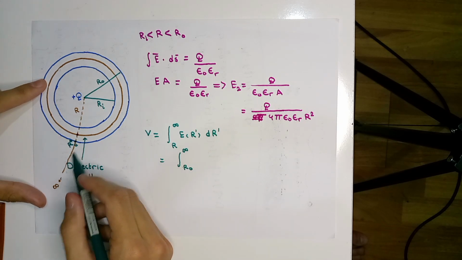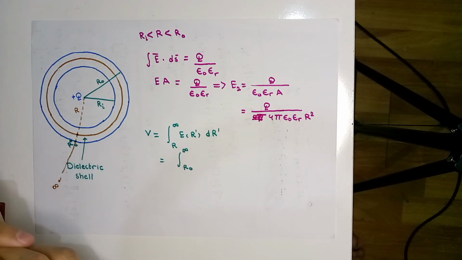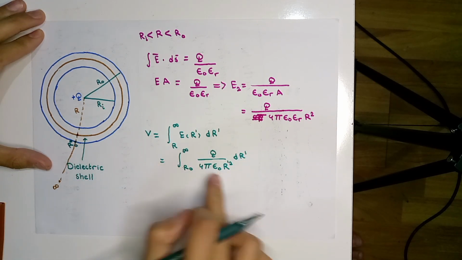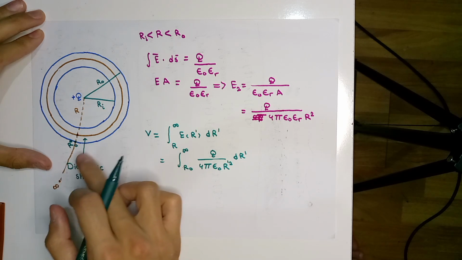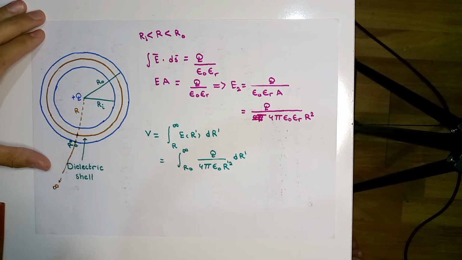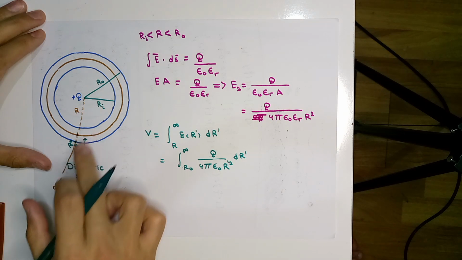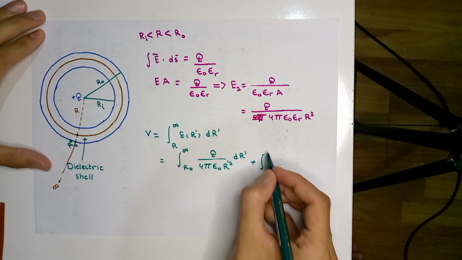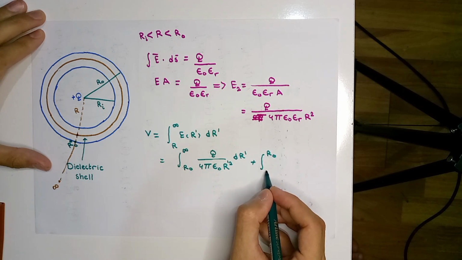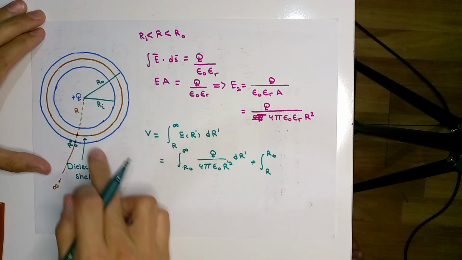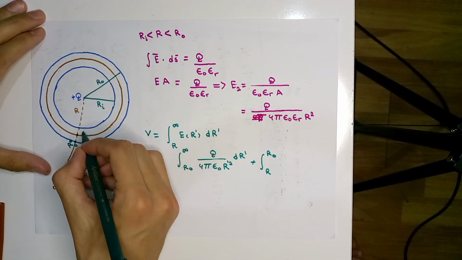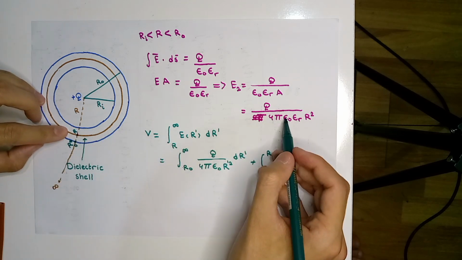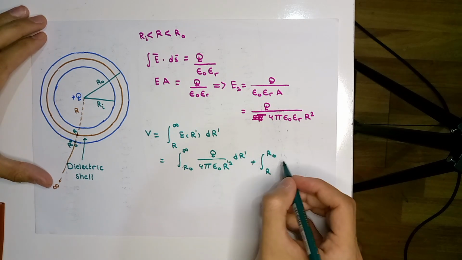The electric field in this region we have determined before. It's equal to this, the electric field at some point outside the dielectric shell. Now the other part of the integral is between r sub o and r, and the electric field in this region is equal to this formula.